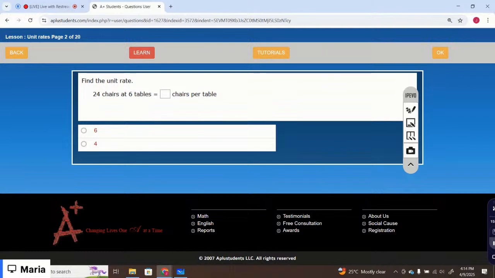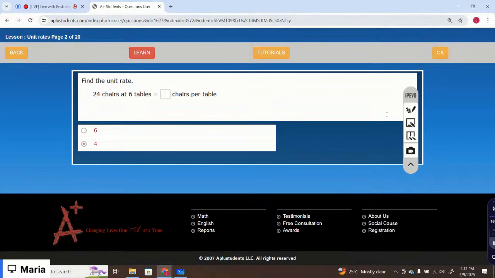Find the unit rate. 24 chairs at 6 tables. So 24 divided by 6 is 4.